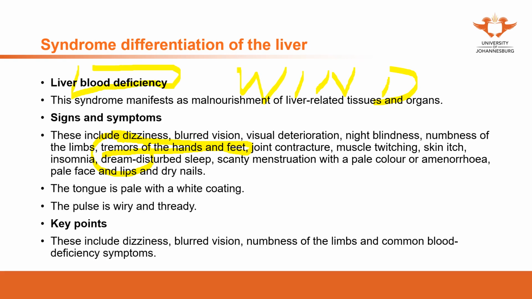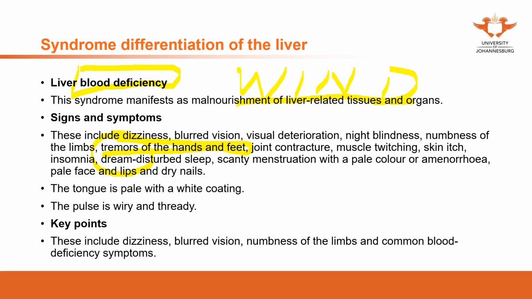There's another syndrome where we talk about the internal wind from the liver specifically. We're going to explain more there. There are different winds; internal wind comes from different situations, different conditions of the blood, different conditions of the liver.